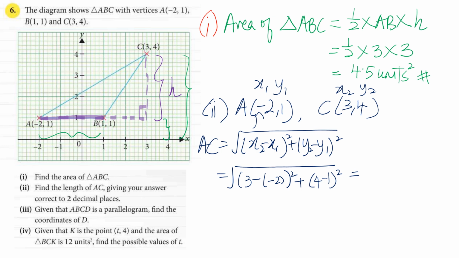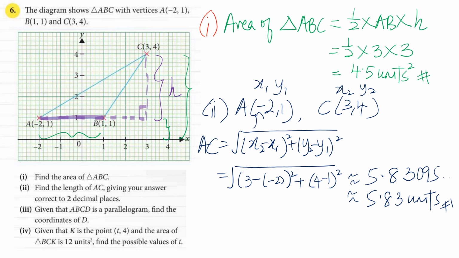Then square it, plus open bracket again, 4 minus 1, close bracket, square it, then square root it. Express to 2 decimal places. Alright, so that's how you find part 2.